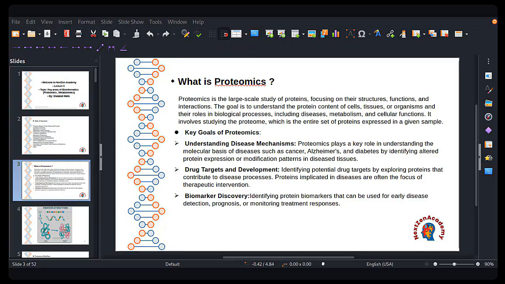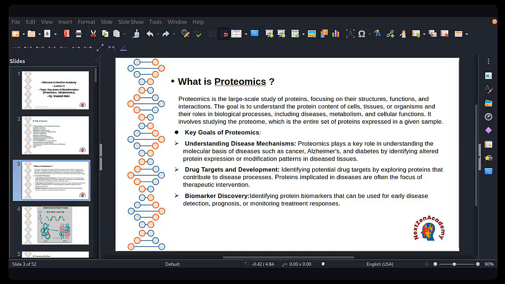Okay. Now we can move to the next slide, right? So these are the protein structures. If there is a chain of amino acids, the structure is known as the primary structure.